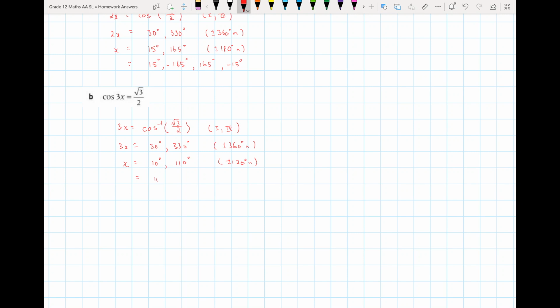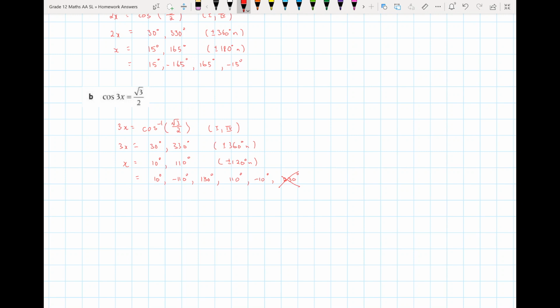So if I take 10 degrees and minus 120, this is acceptable. If I take 10 degrees and plus 120, that is also acceptable. So let's go ahead and write down the second solution. We can minus 120 degrees, or we can add 120 degrees, but this will be above.